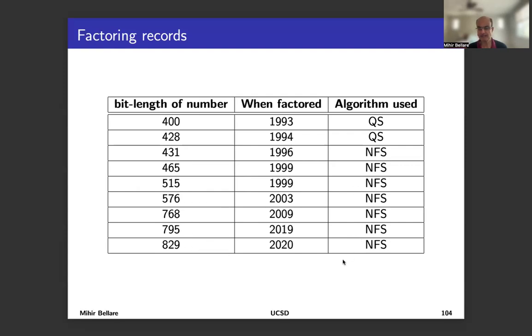Not so much on the algorithmic front, but a lot of improvements in exactly how the implementations were done and in the computing power available: supercomputers, parallelism, and so forth. And this started going up quite rapidly from 500 and something to 700 bits. And currently we're at 800 and something bits. So really, we can factor quite large numbers.